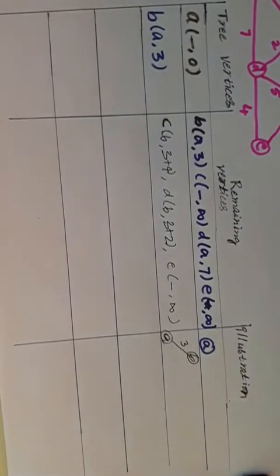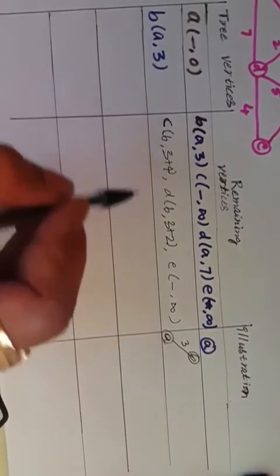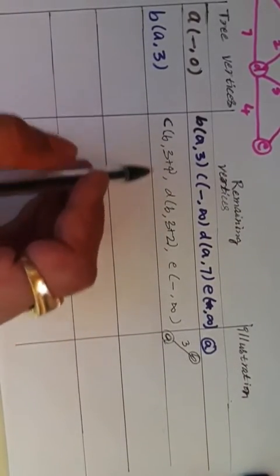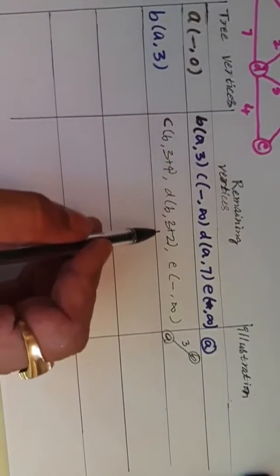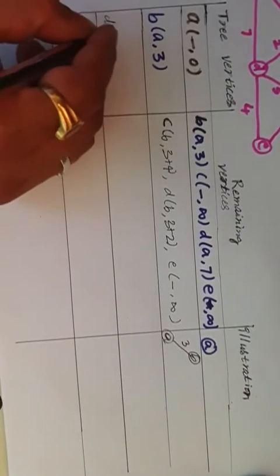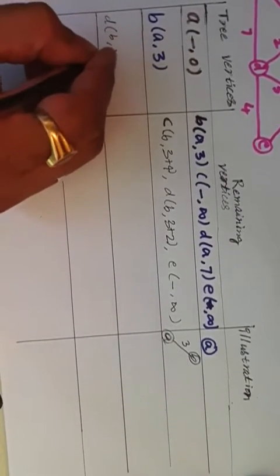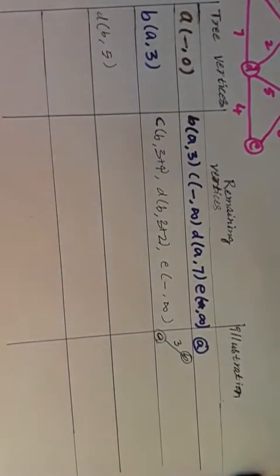Now repeat the same steps. From the remaining vertices, select the vertex with the least cost. Here c cost is 7, d cost is 5. So I am going to select d. D of b comma 5 is selected.